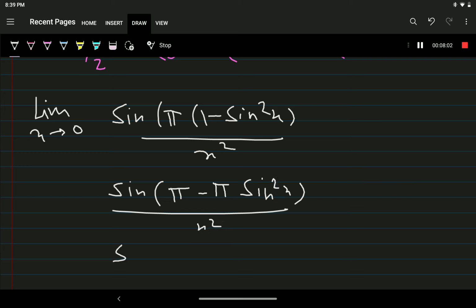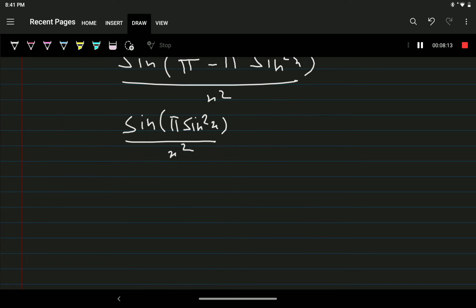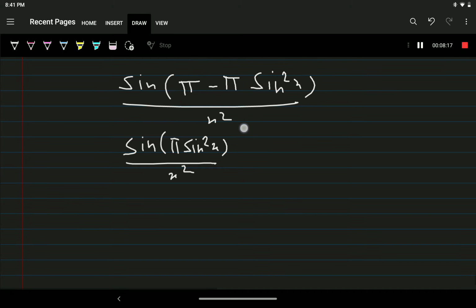It is sine of pi sin squared x by x squared. Now, what I can do is multiply and divide by pi sin squared x.